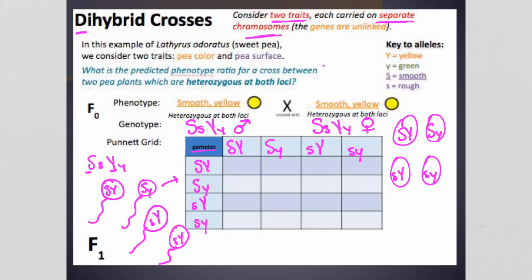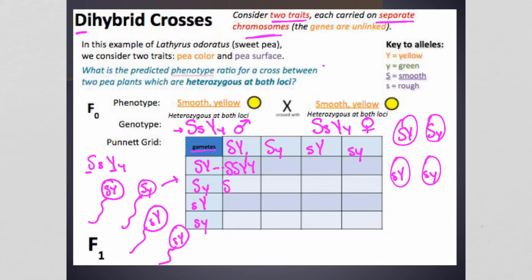Okay, so now you just are going to do the same thing that we learned last week and that we just did with the monohybrid cross, except you're going to consider both traits. Now you're still going to write it in this order again, but you'll see that as we go through. All right, so for the trait of surface, we're going to have big S, and then big Y, big Y. I'll keep going down this way.